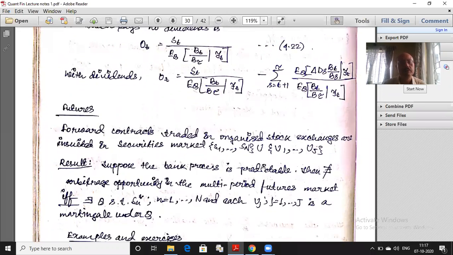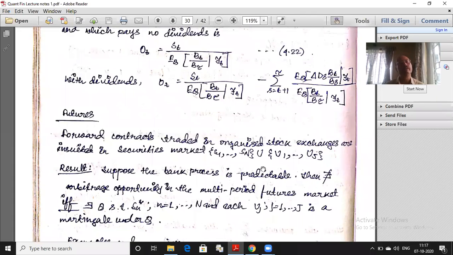So this is the new result, which is just an extension of the earlier result involving only the stocks. So we are saying that our market will be as efficient as before, a complete smart market, no arbitrage opportunities, even with the futures, if I have the Q satisfying both sets of martingale conditions, one set for the stocks and another set for the futures.